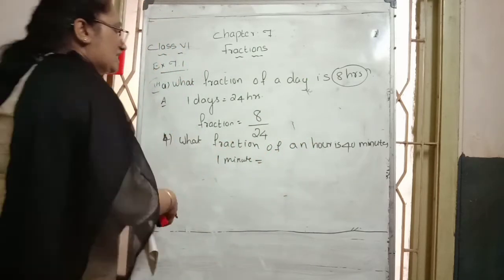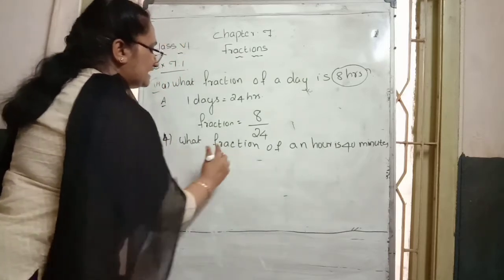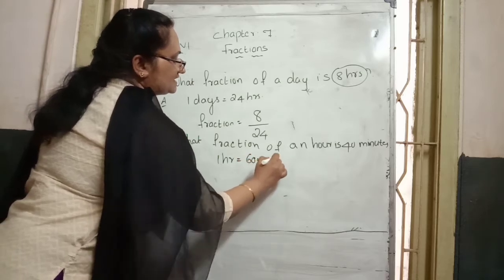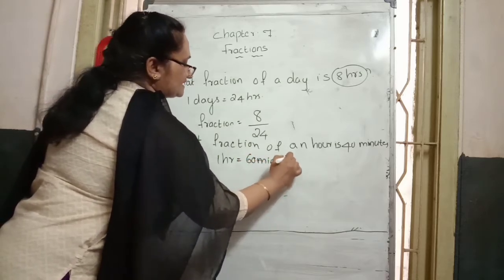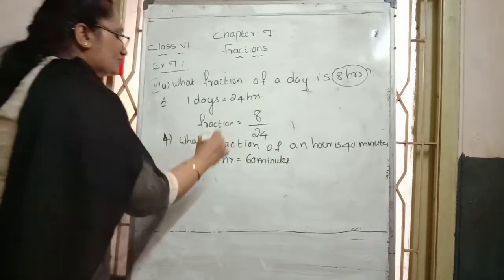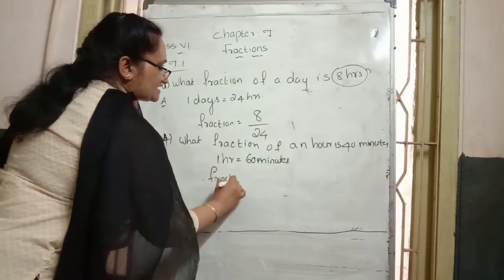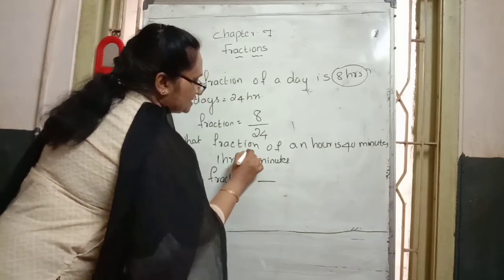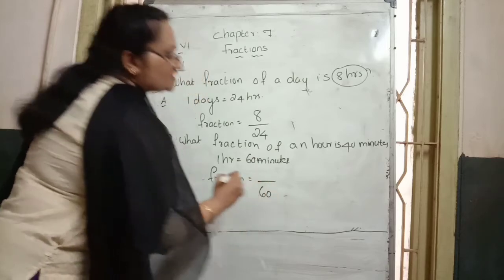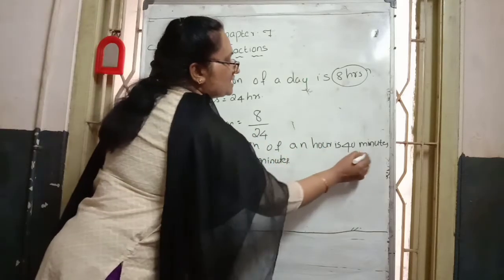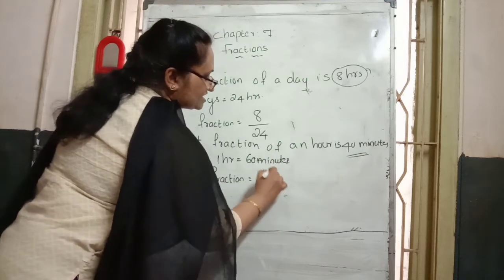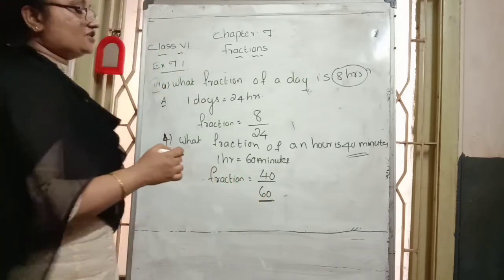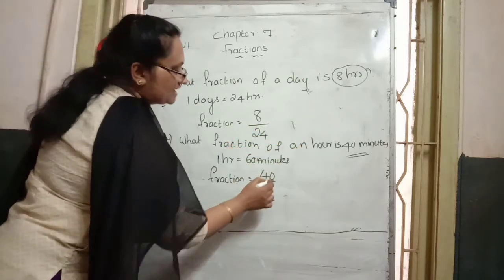We know that 1 hour contains how many minutes? 60 minutes. So how can we represent this as a fraction? The total minutes given is 60, and they are asking about 40 minutes. So the total part we write in the denominator and what they ask we write in the numerator.